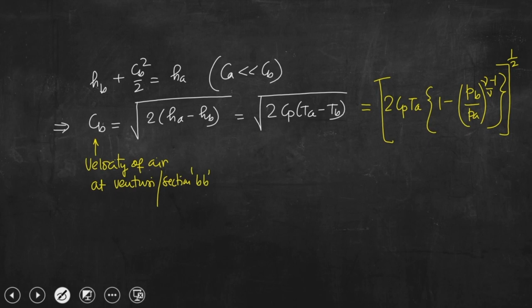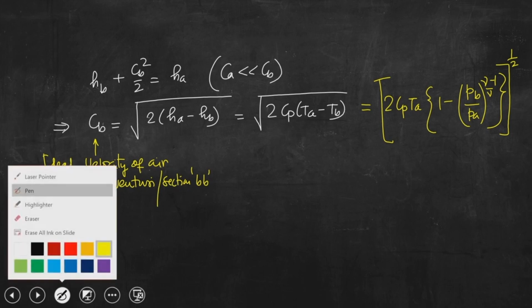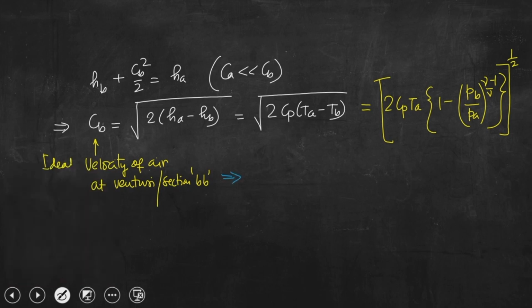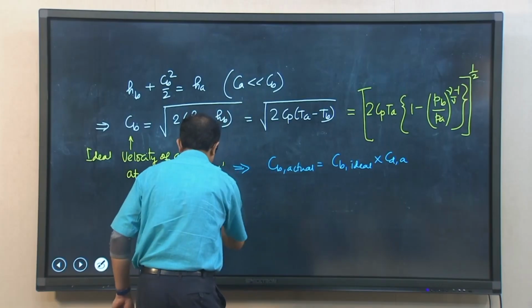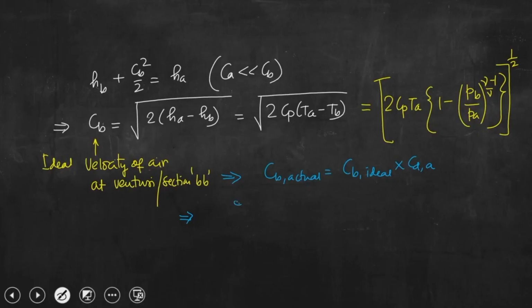Now, Cb actual equal to Cb ideal multiplied by Cda.